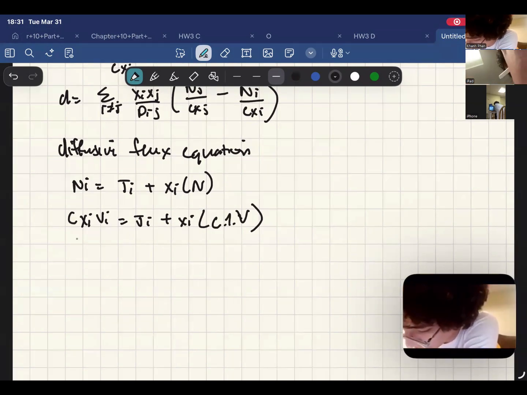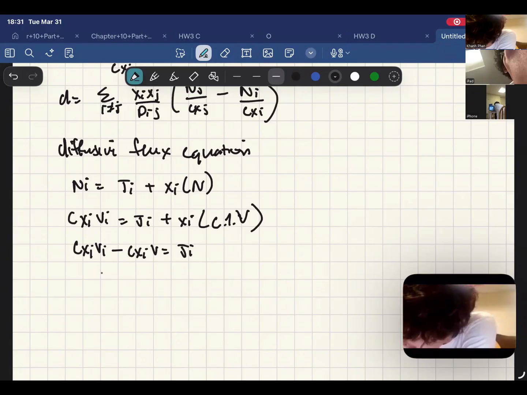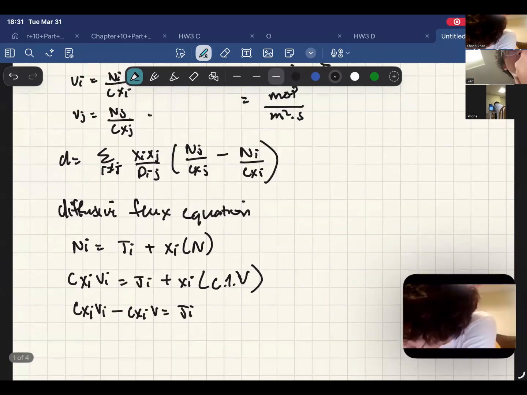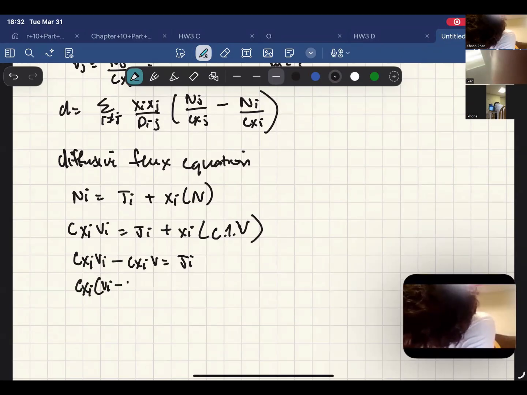So we would have c x_i v_i minus c x_i v equal to J_i, and then we would have c x_i times (v_i minus v) equal to J_i.